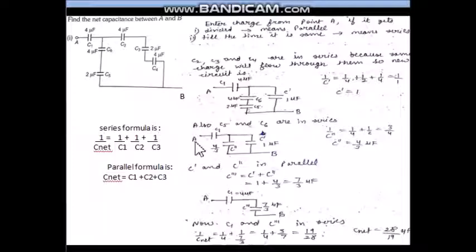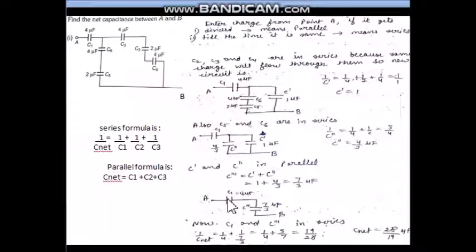Now again we have replaced this part, which we have solved as parallel, by C triple dash. So C triple dash is 7 by 3. That means after A point C1 is present and then simply C triple dash, that means 7 by 3, is present, and then B point is present.